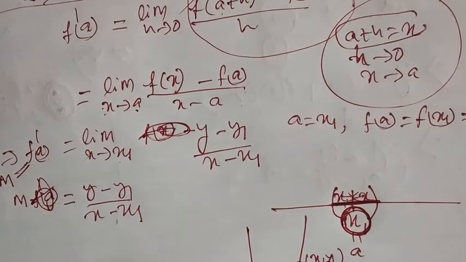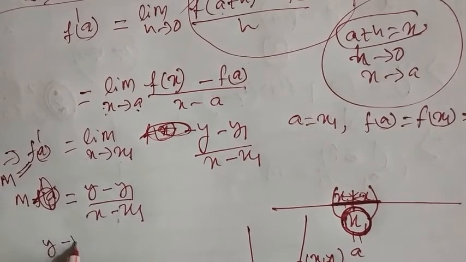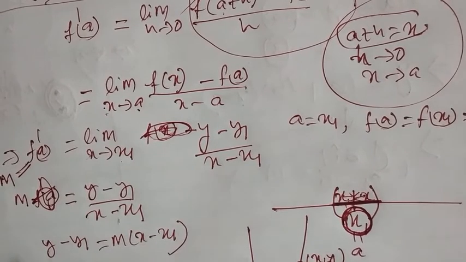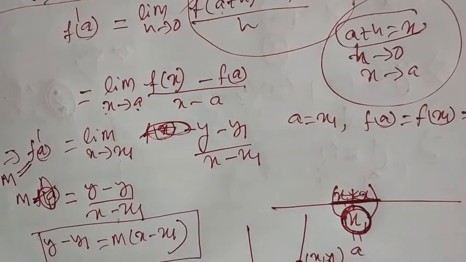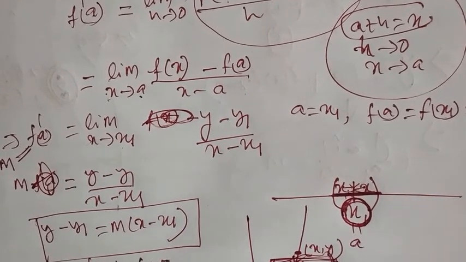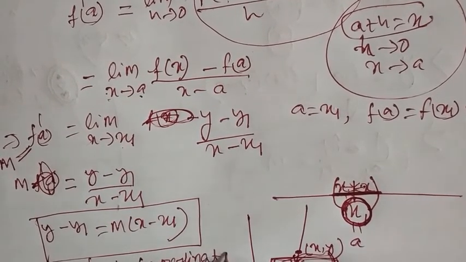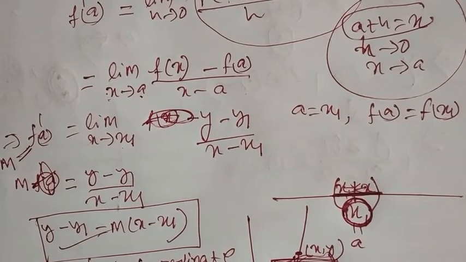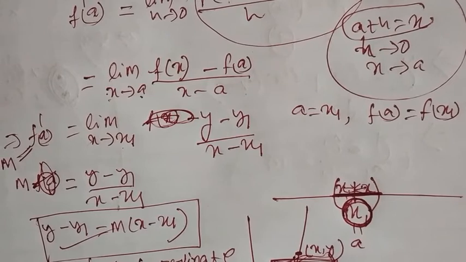In that situation, you see y minus y1 is m into x minus x1. You have read this in class 11 coordinate geometry: it is nothing but the equation of a straight line passing through (x1, y1) with slope m.